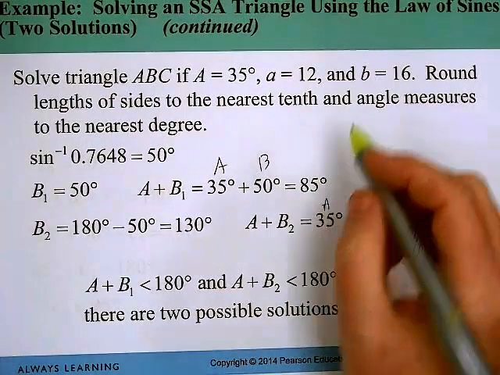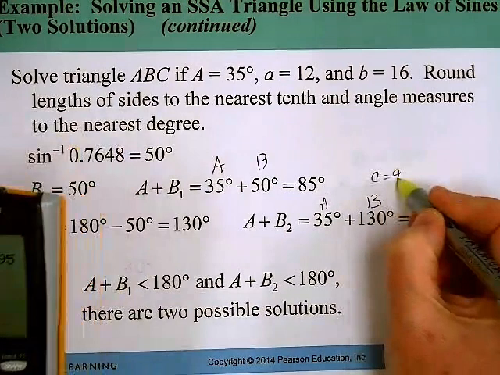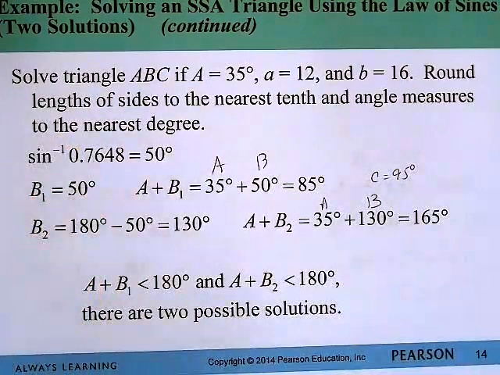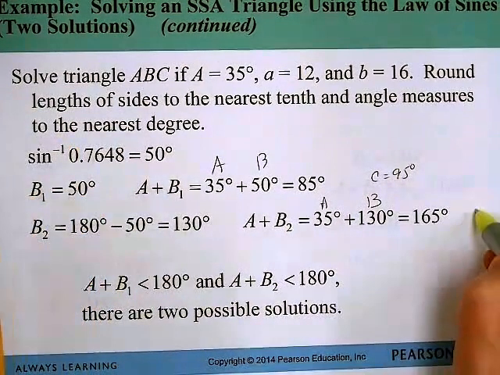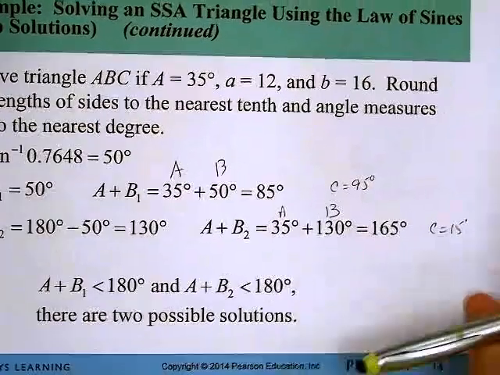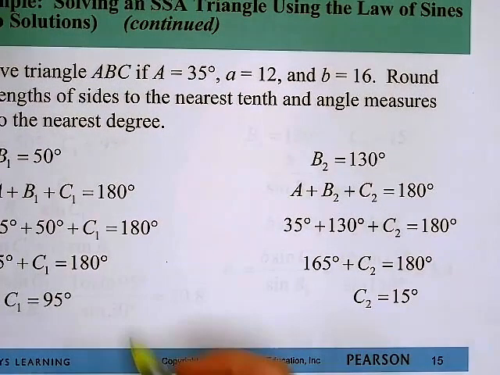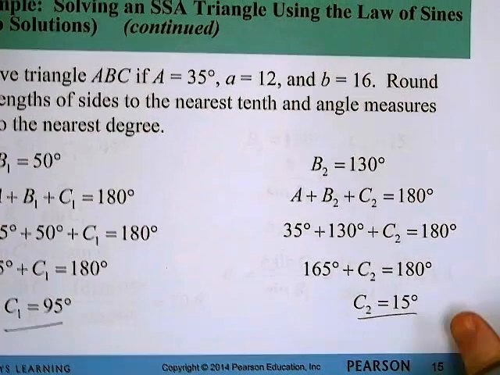In this case, C would be, let me grab a calculator. C could be 95. In the next case, C could be 15. So we've got two possible options for this example. Here we are, 95, 15.